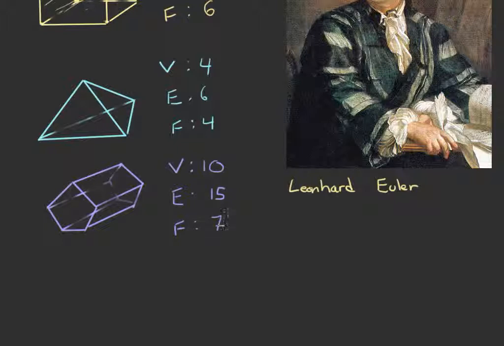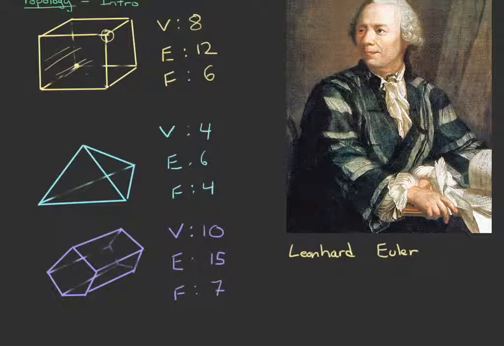Okay. And so what Euler noticed is that if you took the number of vertices minus the number of edges plus the number of faces, you get 2 for all of these. In fact, it gets better than that.